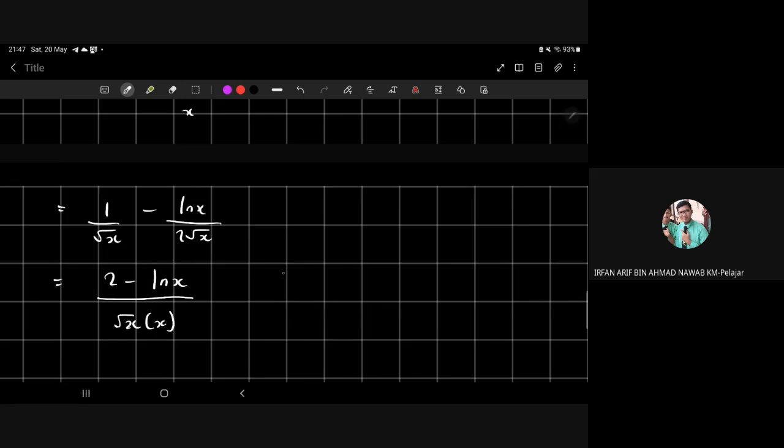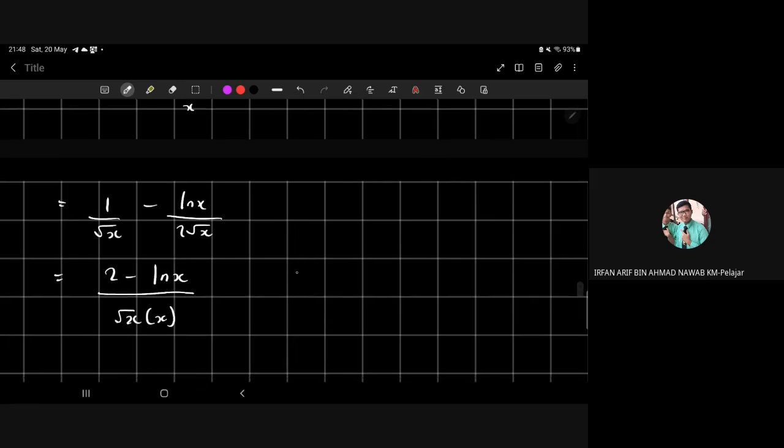In order to make this 0, some x value has to satisfy the ln function and be equal to 2. So let's find that first. It will be e to the power 2. So from e to the power of 2 towards infinity, the function will be a decreasing function, right?